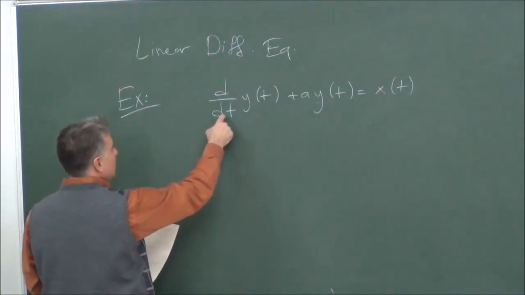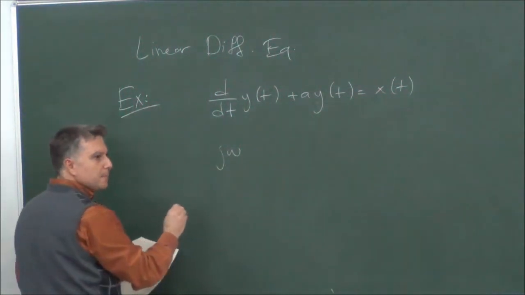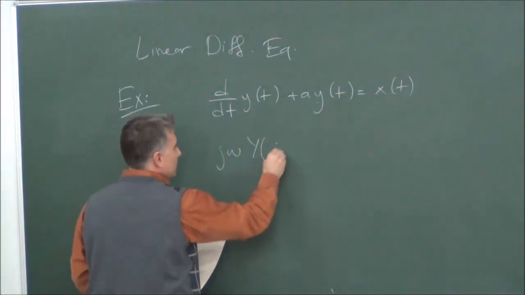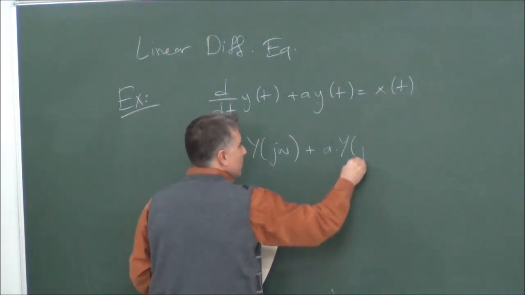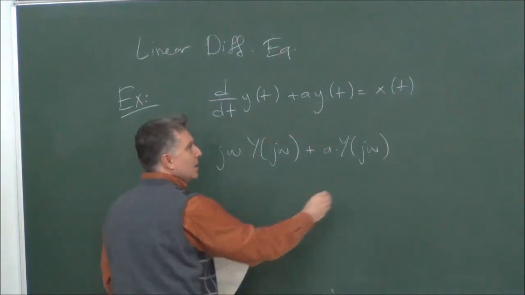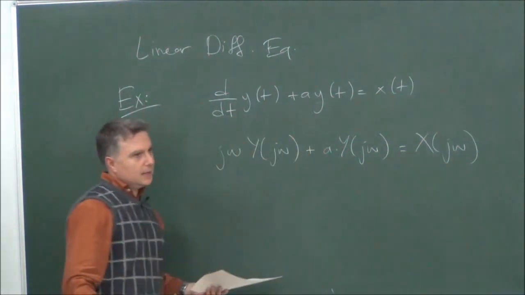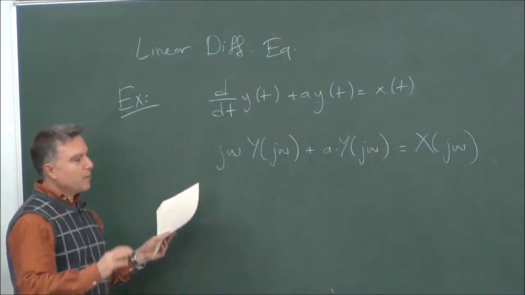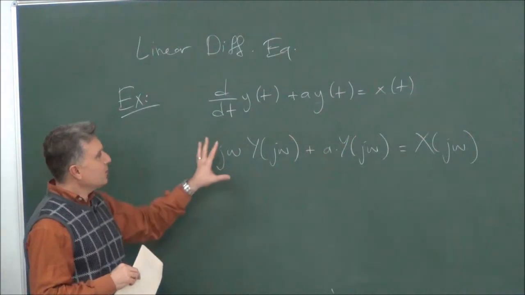And we know that a derivative corresponds to multiplication with j omega: j omega Y of j omega plus a times Y of j omega is equal to X of j omega. That's it. I have taken the Fourier transform of both sides of the equation, and I'm using the linearity property of the Fourier transform.